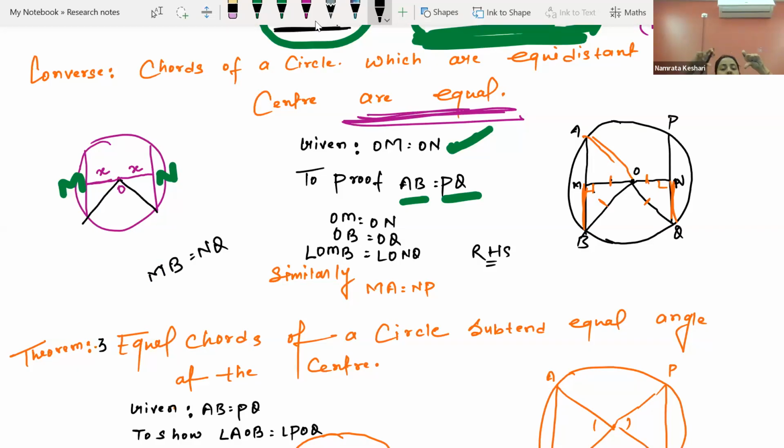MB, this much only, and NQ, these two are equal, then the double of these two will also be equal. Why are we saying the complete AB is the double of MB?